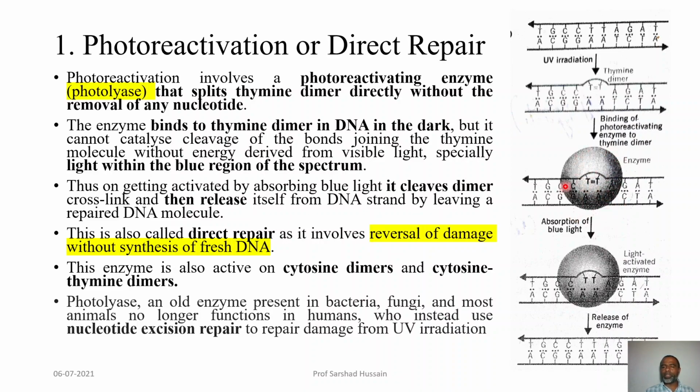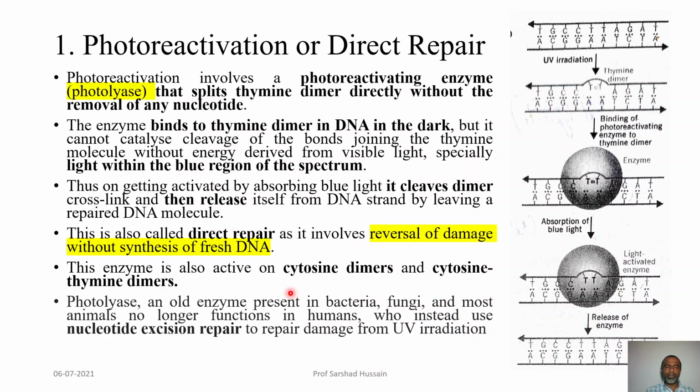After absorption of light, this enzyme gets activated, and it will break the bond between the thymine and thymine. Thus, it will reverse the dimer formation. After breaking this bond, it releases itself from this DNA molecule and the DNA molecule becomes normal. Because no new synthesis is there, this is called the direct method also.